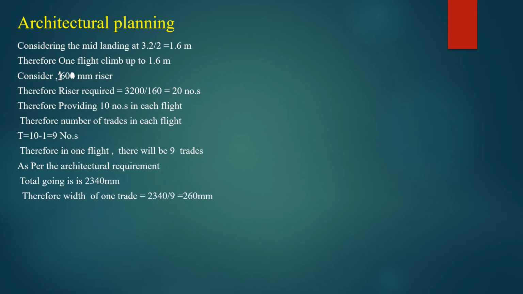So, as per the architectural requirement, total going is given as 2340 mm. Therefore, width of one tread will be 2340 by 9 equal to 260 mm. Therefore, from this we know that the riser equals 160 mm and the tread equals 260 mm.